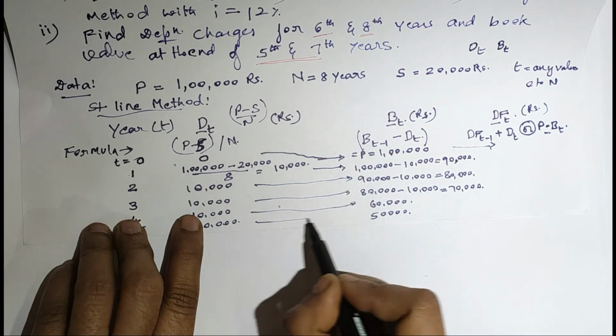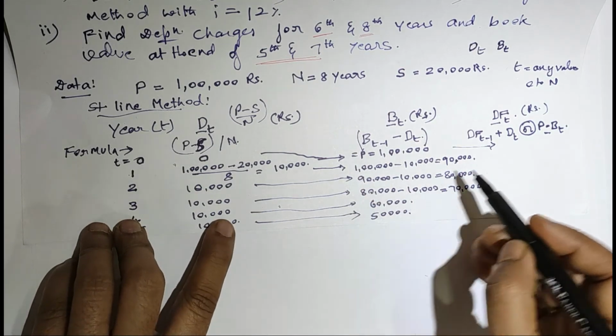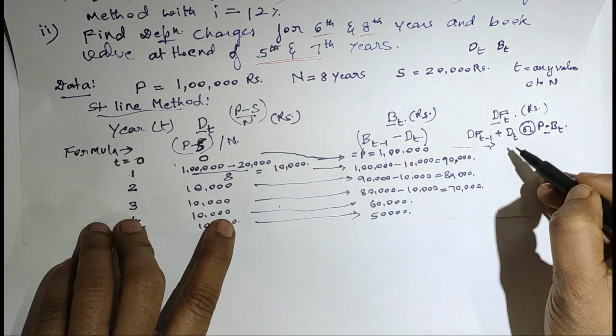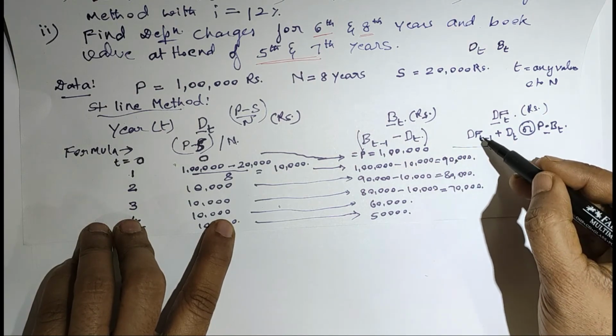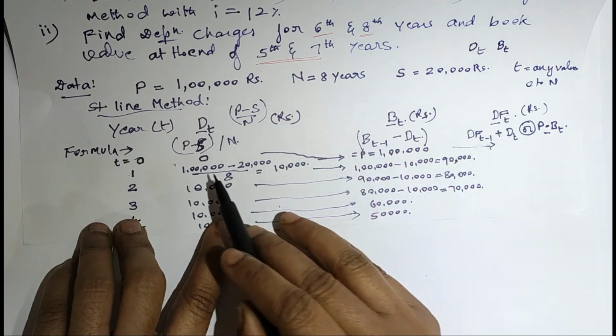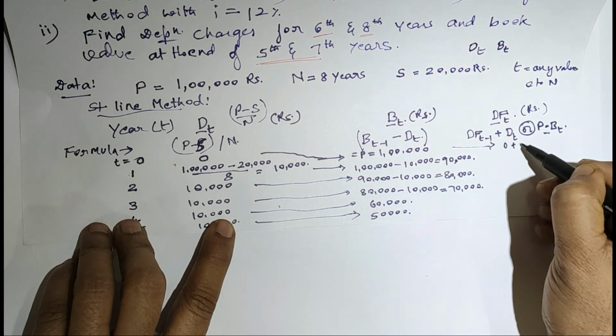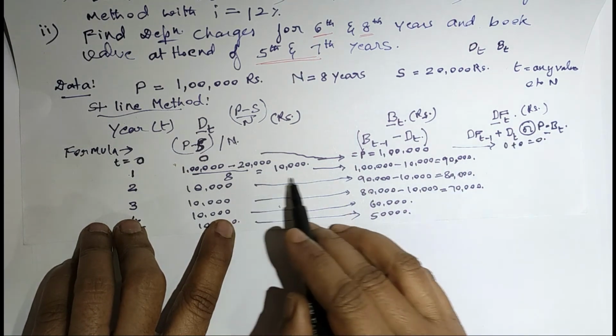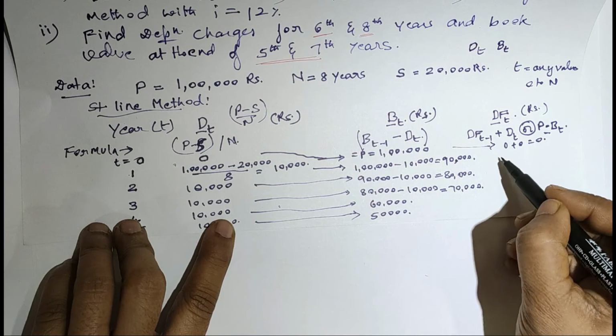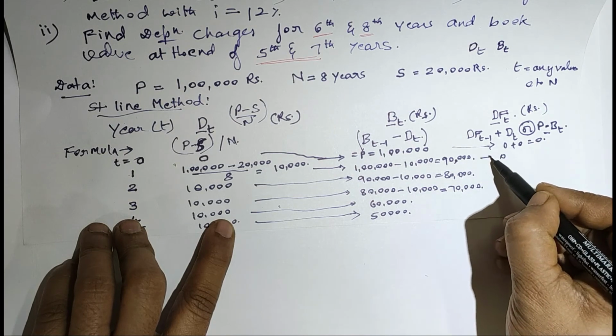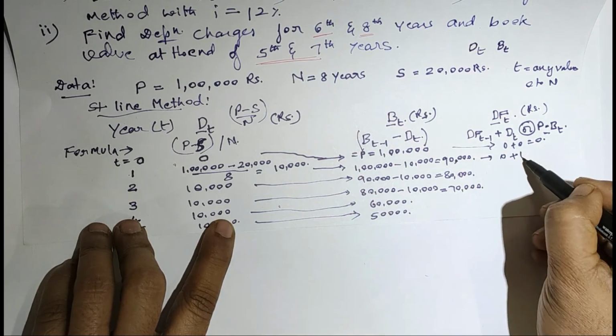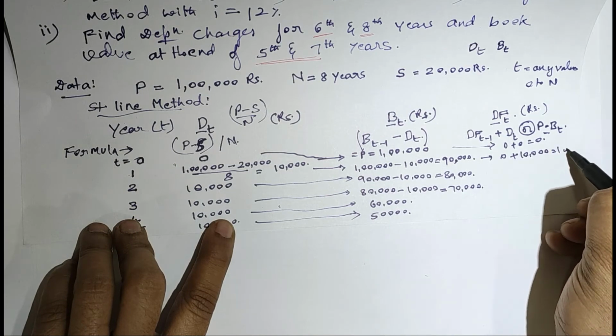There should not be any confusion, so I am putting the arrow marks. For the 0th year, there is no depreciation, and the depreciation fund is already 0. No depreciation charges. So 0 plus 0 is 0. Here the previous depreciation fund is 0, plus depreciation charges we have 10,000. So 10,000.